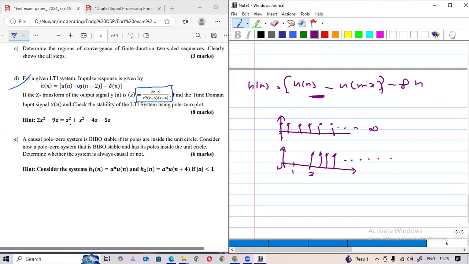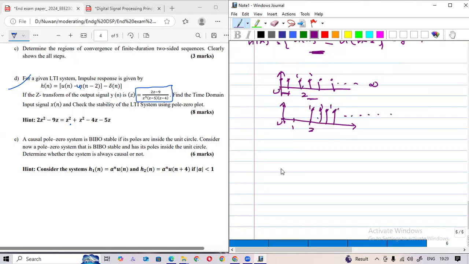If you get the subtraction, these two samples will be there, at 0, 1, 2. From 2 onwards it will be 1, this one also 1, these are also 1, so 1 minus 1 will be 0.